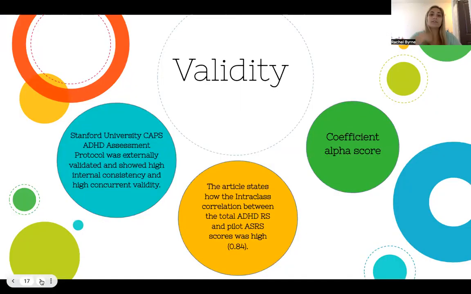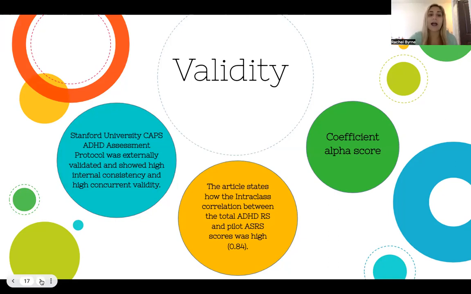So then it goes into the talk of how valid this article and test and assessment was. It showed that the correlation between the total ADHD RS and pilot ASR score was 0.84. Basically the coefficient alpha score ranged from 0.83 to 0.84.